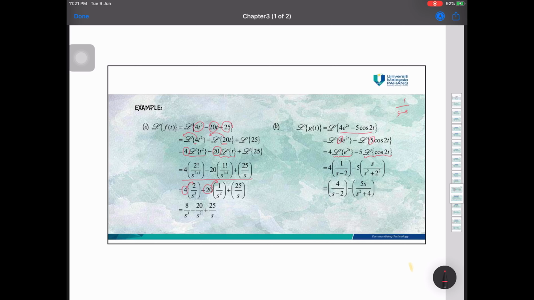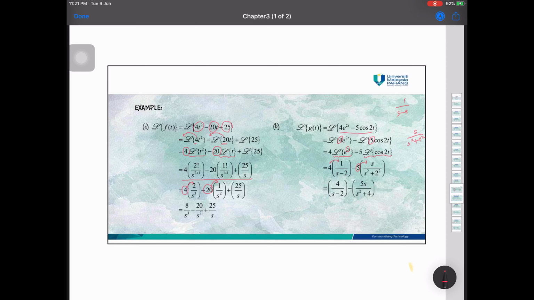Here our a is equal to 2, therefore you have 1 over s minus 2, minus 5 times the Laplace transformation for cos, which is s over s squared plus a squared. Your a here is 2, so you have s over s squared plus 2 squared. Then you just multiply the constants with the one in the bracket. The final answer is 4 over s minus 2, minus 5s over s squared plus 4.